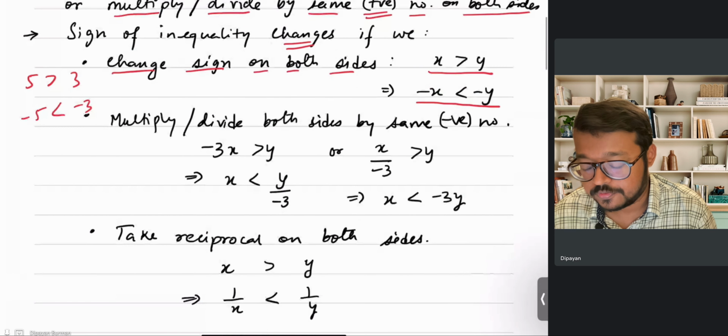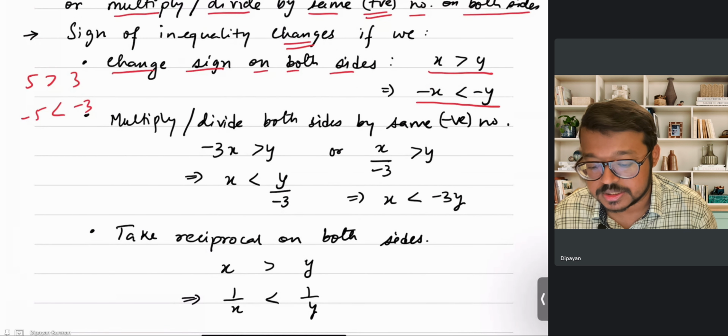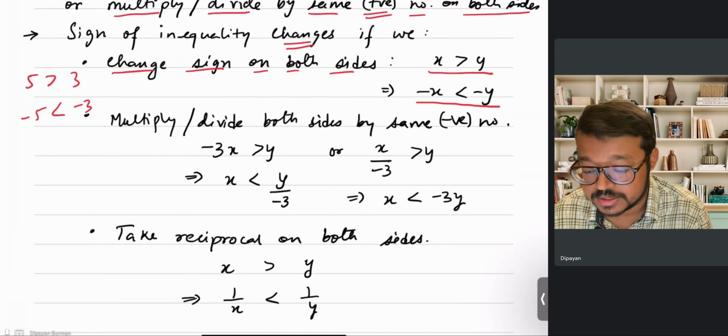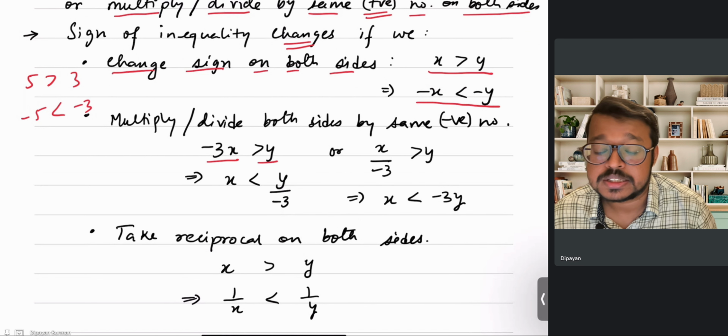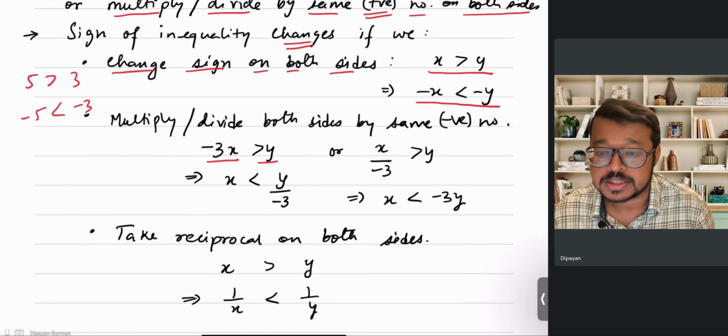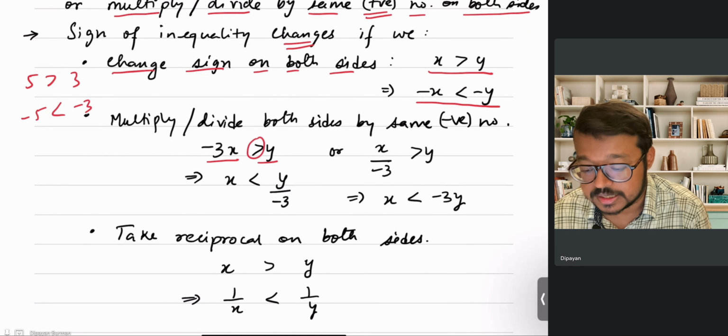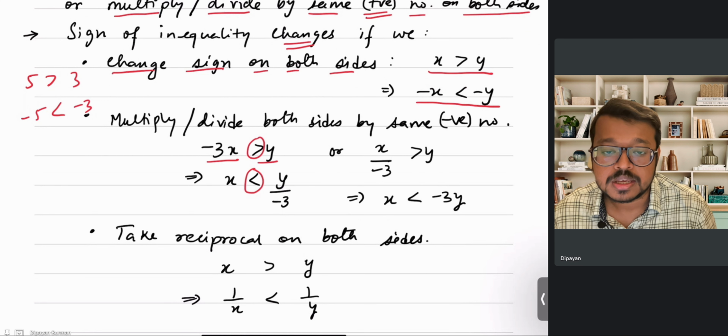Then if we multiply or divide both sides by the same negative number, for example, if I have minus 3x greater than y, then if I move the minus 3 to the other side, that's essentially dividing both sides with minus 3, then the greater than sign will become less than.